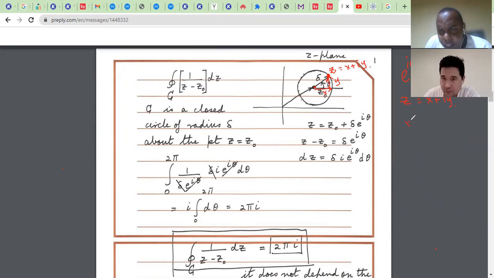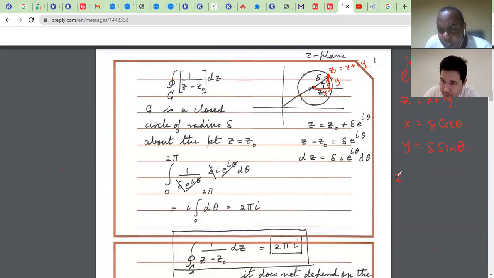But x is in relationship to theta: x over delta is cosine theta, so x is delta cosine theta, and y is delta sine theta.